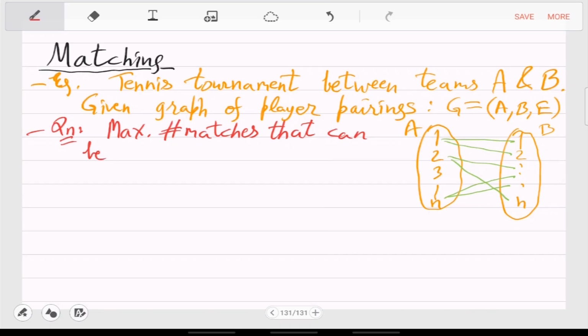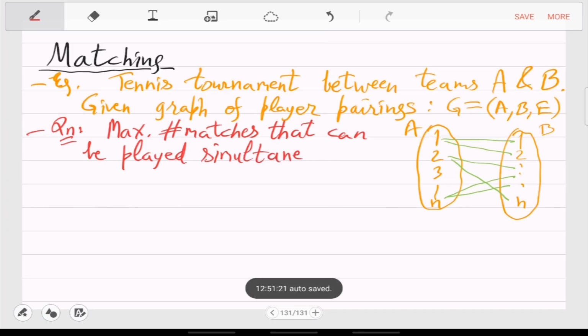And you can assume that the number of courts is infinite. So court will not be the restriction. Time is the restriction. So you want to minimize the number of days, right? So in a day you want as many matches as possible. So maximum number of matches that can be played simultaneously. Okay, so being able to play simultaneously is the important keyword.